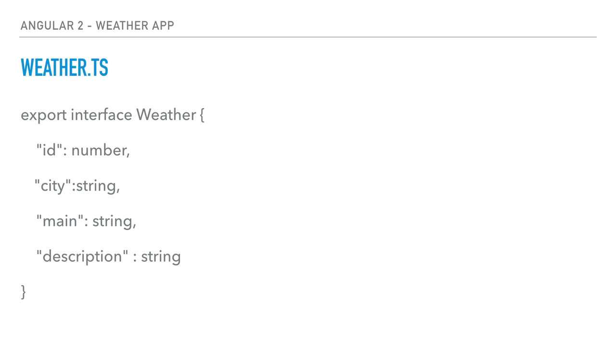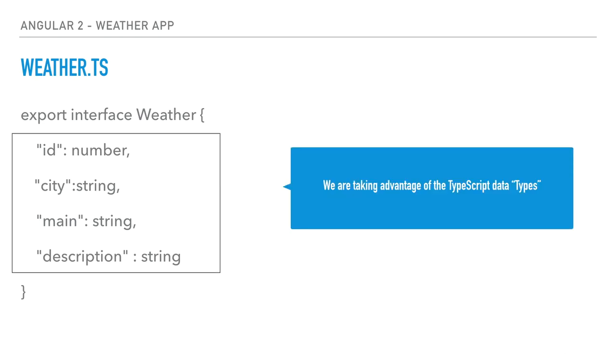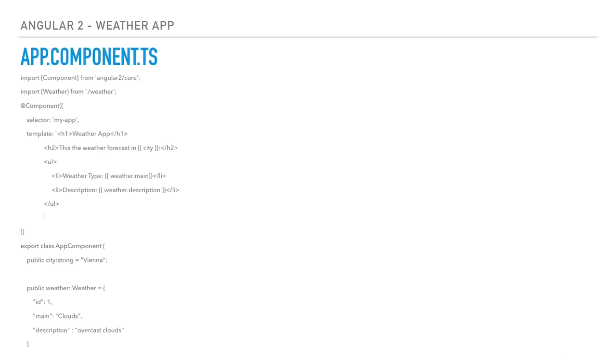What is really important in this case is that we have to specify first that we want to export an interface. So in this case, our interface is named weather, and it has several properties with types like number, string, and so on. So we will take advantage of this in our example to make our application more readable.